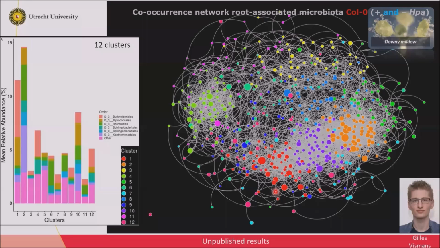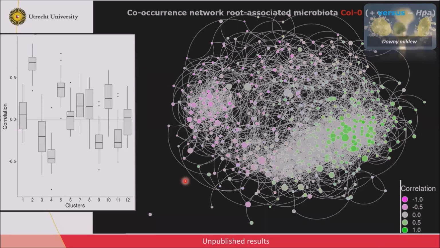Well, first of all, I would like to show you that indeed the microbial community is changing. Here you see a network analysis of all the microbes that are present in the rhizosphere on healthy plants. These are basically 12 different clusters of microbes that are on the roots of a healthy plant. And then you can see how those microbial communities change in response to pathogen infection.